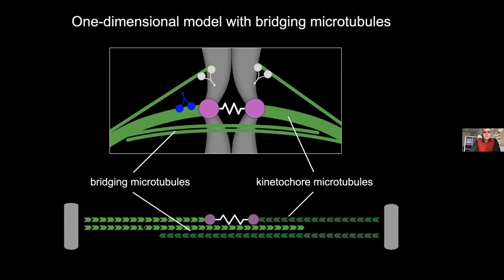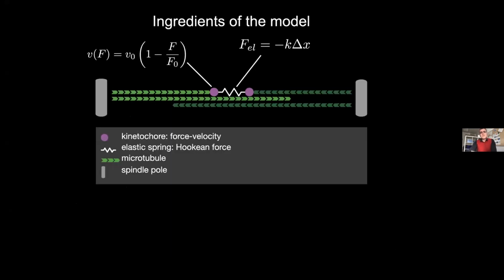So what I'm showing here is the one-dimensional model with kinetochore microtubules, these upper microtubules, and bridging microtubules, these lower microtubules here. And now I will show you the main ingredients of the model to get an idea of how the motor can work.